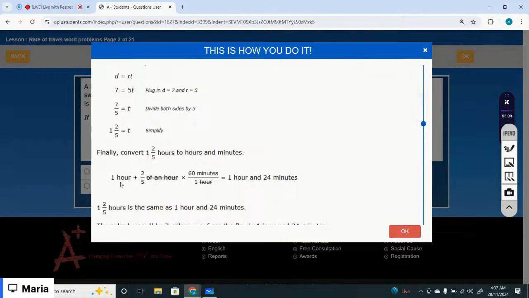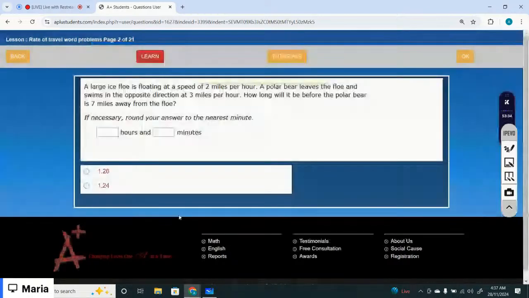So 1 hour and 2 by 5 times 60, which is 24 minutes. So that is 1.24. The correct option is 1.24, right? Option number 2 is the correct option.